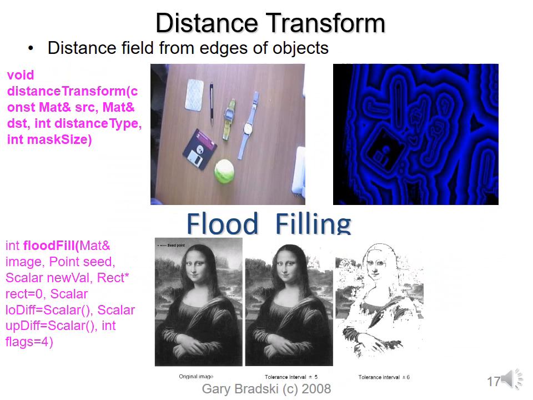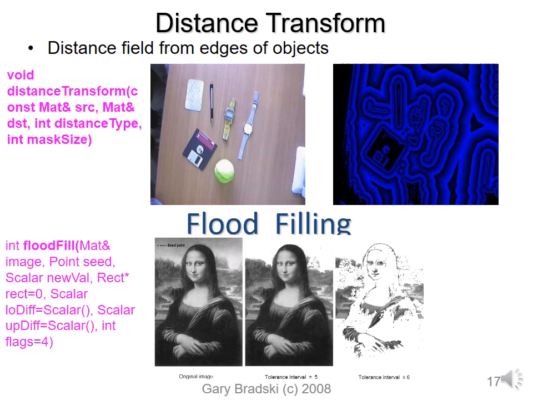Distance transform and flood fill can also be used. Distance transform calculates the distance from the object boundary and indicates the distance in the image. Flood fill can be used to fill a hole in an image.